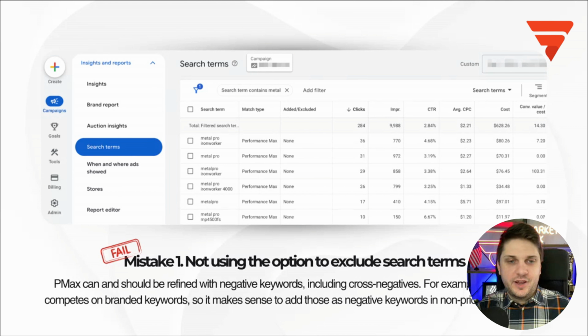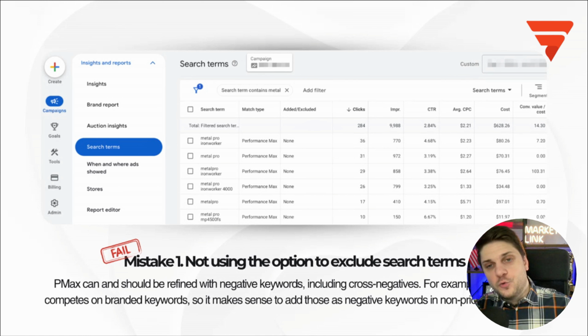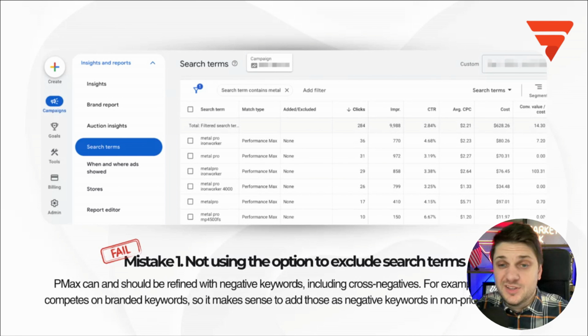So if you have, for example, a drills campaign and a hammers campaign, and you know that drills are more important than hammers, you are able to open a hammer campaign. In the hammer campaign, if this is not an important category or has low ticket volume, you can add as negatives your brand name keywords and your other ones.